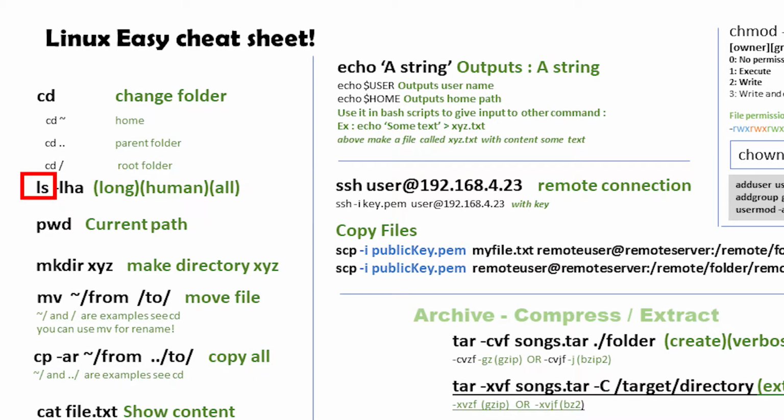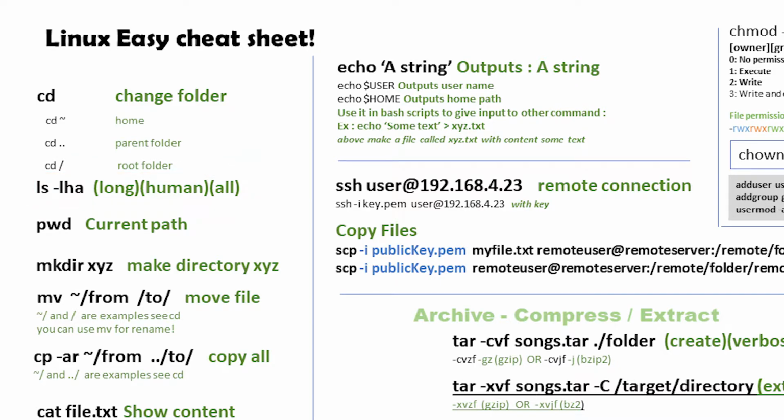While we are at it, let's take 2 more commands. The command ls is used to list all the files in the folder. As you see on the cheat sheet, some of the commands are followed by a hyphen and some letters. These are options or flags. For example, in the case of ls, hyphen L means long, H means human, and A means all.